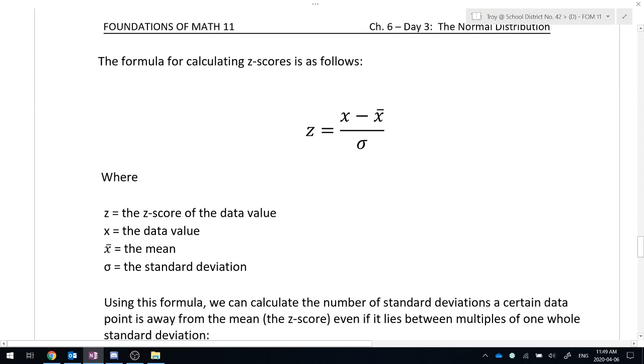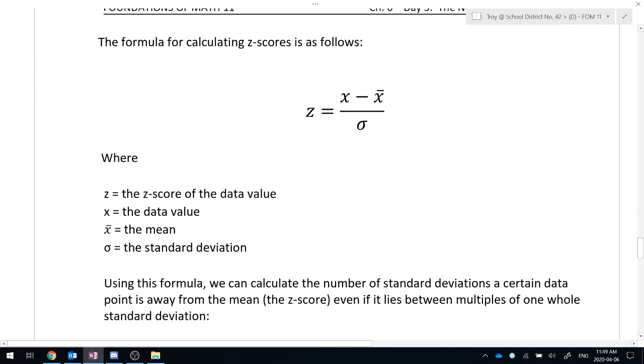So we have a formula for calculating the z-score. You're going to be using this formula a lot, so you should become pretty familiar with it. Z is our z-score, and the way we get it is we take whatever data value we're looking at, because remember, every data point has a corresponding z-score.